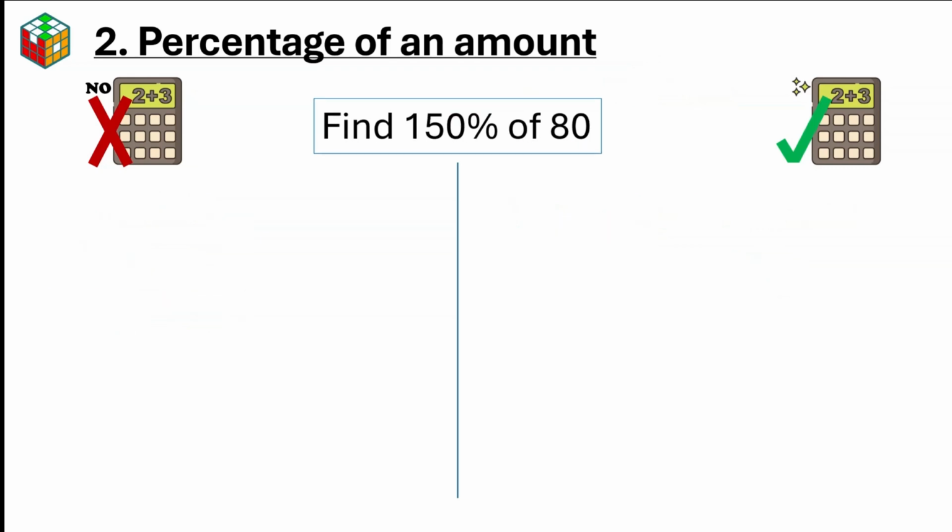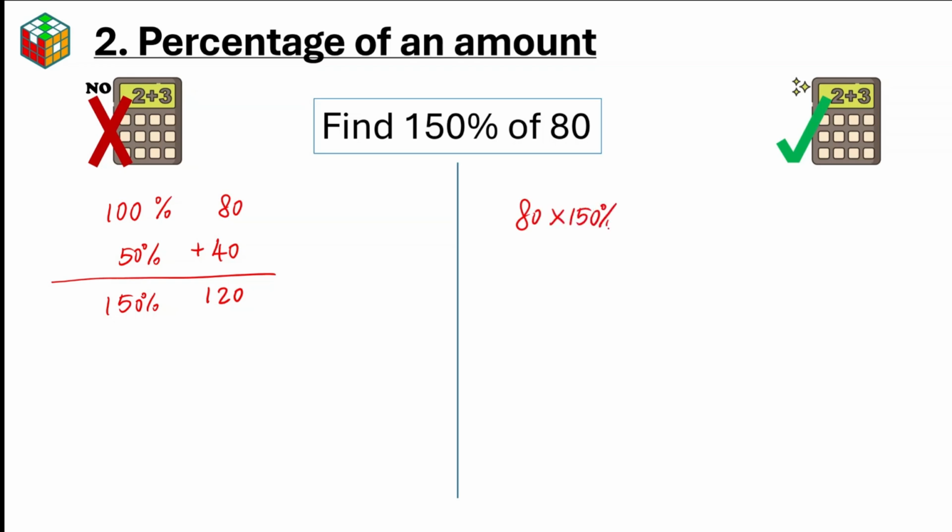Next one, find 150% of 80. I know 100% is that number itself. 50% will be 40. 150% will be 80 add the 40. That makes 120. Let's use the calculator. 80 times 150%.